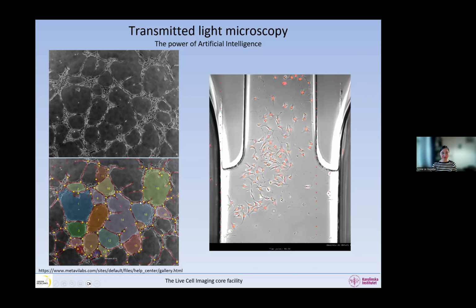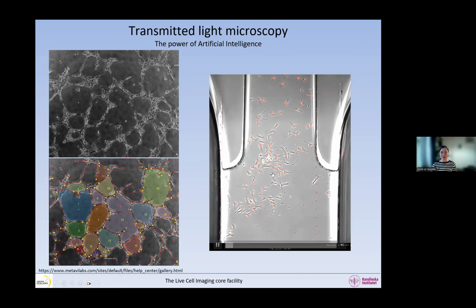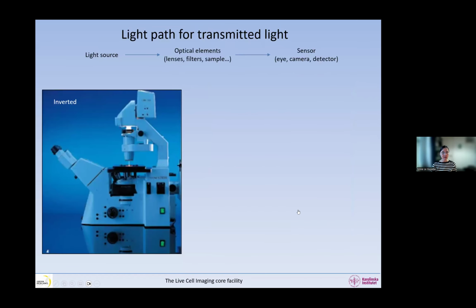Basically, AI can find the different areas or something like this and pretend that they are labeled. So they can make a channel like this. It looks like the nuclei is labeled, but actually it was found with AI. So that's a big revival of transmitted light imaging. It's very low invasion, so it doesn't hurt the sample.